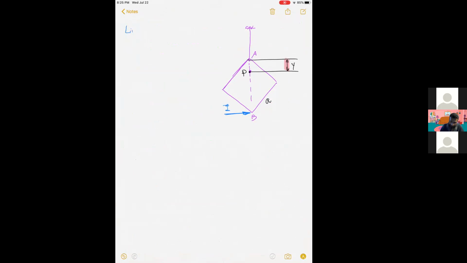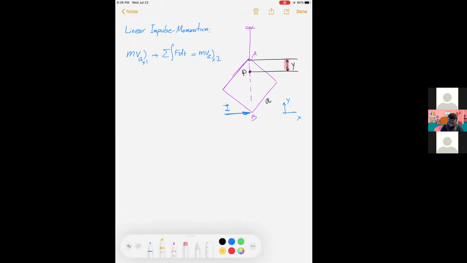So let's just do this. Linear impulse momentum. If you look at your equations, you're going to have m vG1. And remember, if we have directions x and y, this is going to create momentum in x, so we go with x, plus summation of F dt equals m vGx2. Now, the I here is already the impulse, so I can just substitute that here.